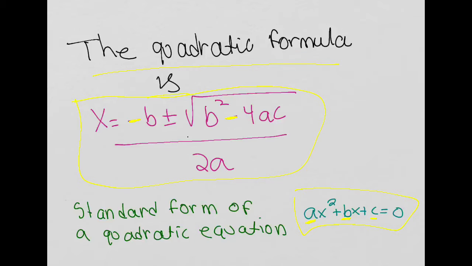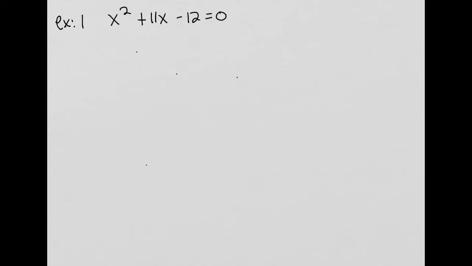Now let's see a few examples using the quadratic formula. If you notice, this is in the standard form of a quadratic. So the first thing I need to do is determine what A, B, and C are. The coefficient of A is 1.